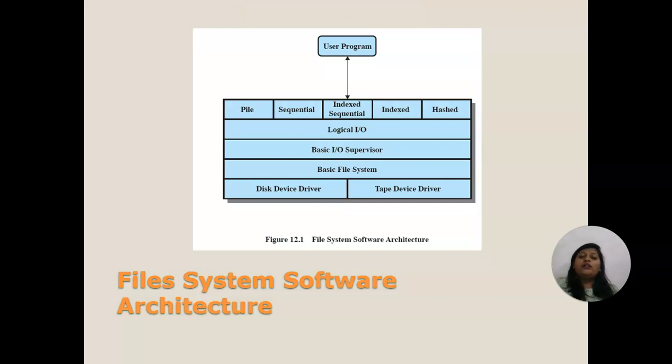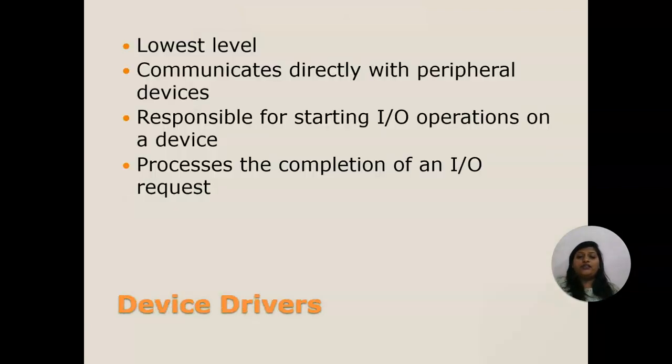We shall learn step by step, one by one, the file system software architecture. So what it actually means, first one is device drivers. These are at the lowest level, communicating directly with peripheral devices. They are responsible for starting I/O operations, input-output operations on a device, and processing the completion of an I/O request.